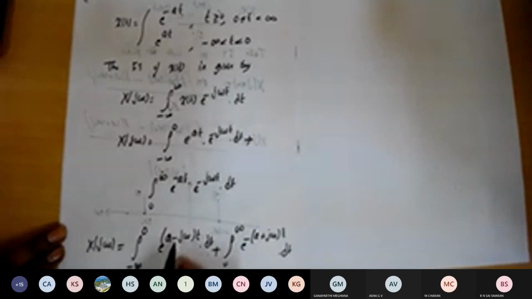Now we'll integrate this one. The integration of e to the power of ax is e to the power of ax by a.